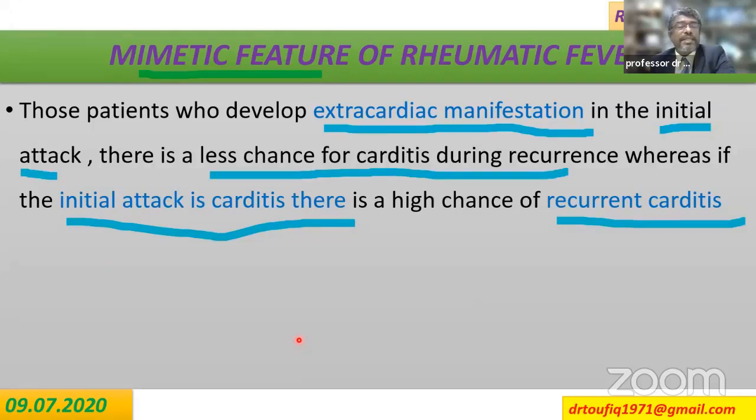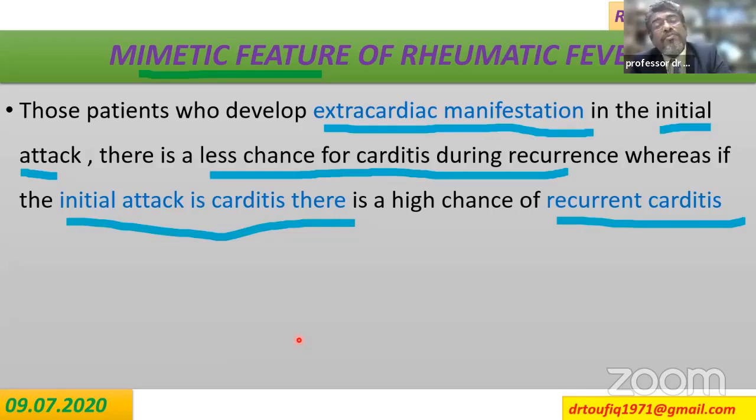And there may be some extra cardiac manifestations, that is a feature of rheumatic chorea. Those patients who develop extra cardiac manifestations in the first attack have the least chance of developing carditis during recurrence, whereas if the initial attack is carditis, there is a high chance of recurrent carditis. So if in the first attack of rheumatic fever the patient doesn't have cardiac involvement, then in a subsequent recurrent rheumatic fever there is usually no cardiac involvement.